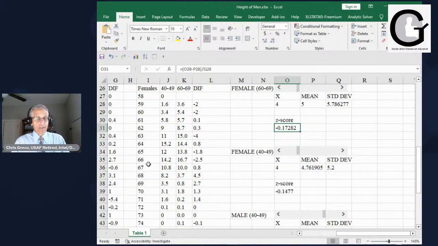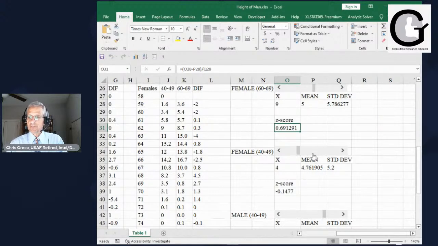You can, but basically a random variable is that variable which you are focusing on to try to standardize into the z-score. So in this case, I put about 4%. So at 4% for female 60 to 69, I have a z-score of negative 0.17282. But let's do something positive first, just so we can have it. There we go.